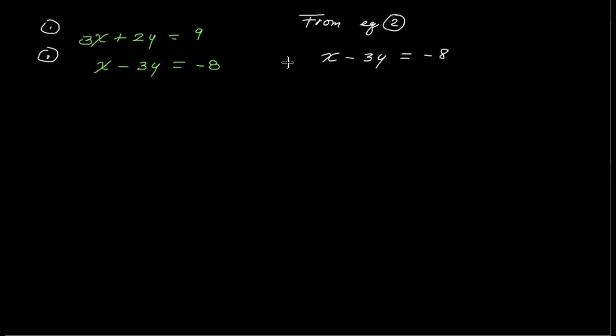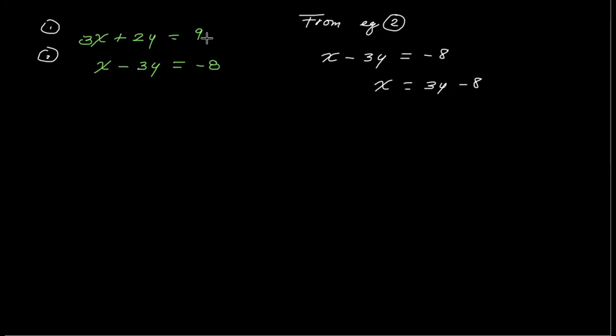Now, I'm going to write this as x in terms of y because it's easier. So I'm going to say, we're going to transpose this minus 3y. So I'm going to say x is equal to 3y minus 8. See, it was negative here, now it becomes positive.